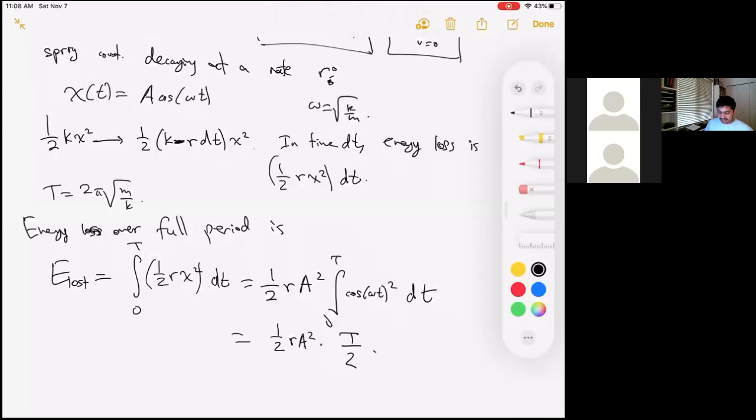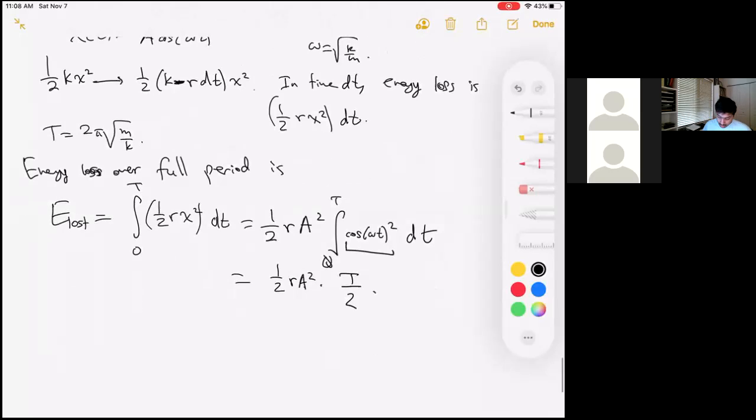The way I got this so fast is that the average value of cosine squared is 1/2, so it's just T over 2. But you could also just work out the integral using normal methods, and you should get T over 2. So this is 1/4 R T A squared.